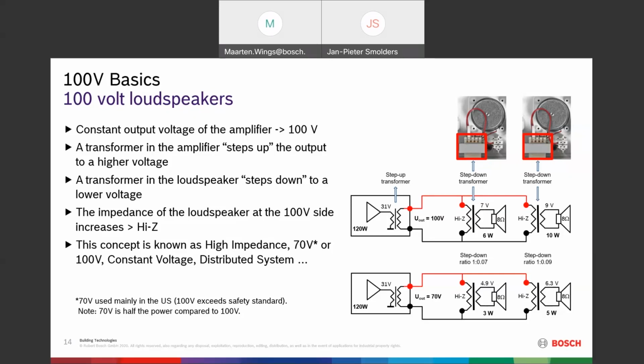So you can see, if you connect a 100 volt loudspeaker to a 70 volt output of an amplifier, you will have half of the power left of this loudspeaker. So be aware of that. It's also important to know, because then also the sound pressure level of those loudspeakers connected at 70 volt will be 3 dB less. Half the power means that you will lose 3 dB in sound pressure level as well. So keep that also in mind.